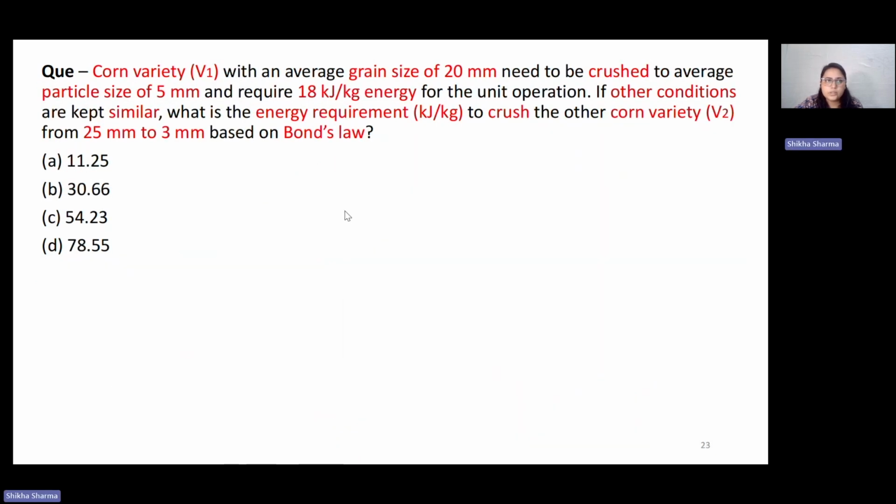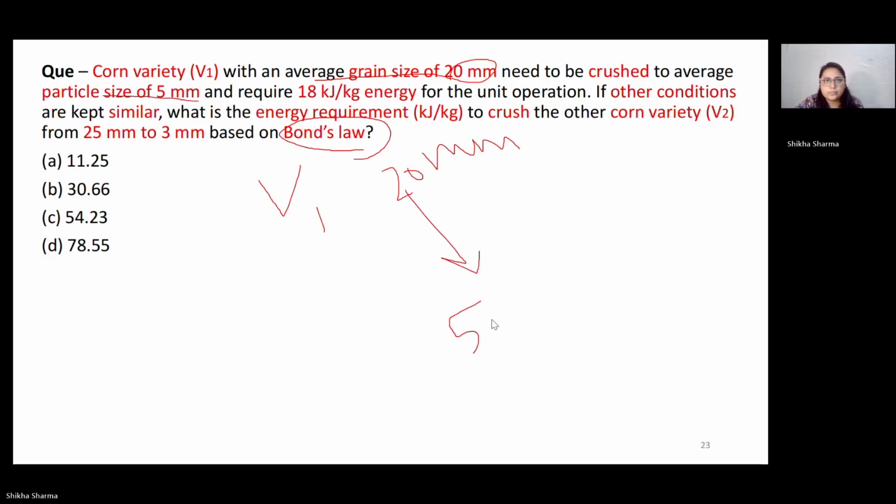Now this question is regarding Bond's law. Corn variety V1, with an average particle size of 20 mm, needs to be crushed to a particle size of 5 mm. The energy required in this process is 18 kilojoule per kg.